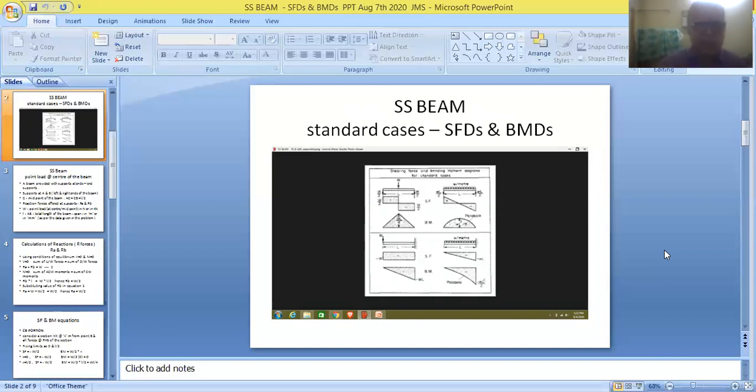And now, friends, we have measured values of bending moment at different points. At x equal to 0, we got 0. And at this point, we got 0. And at the midpoint, we got WL by 4. And we have to use inclined lines. Here it is a point load, so we have to use straight lines for the SF diagram and inclined lines for the BM diagram.